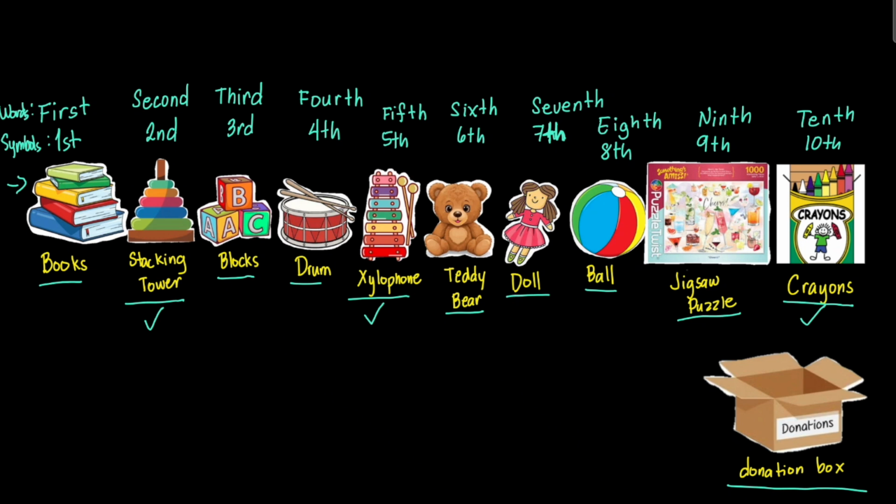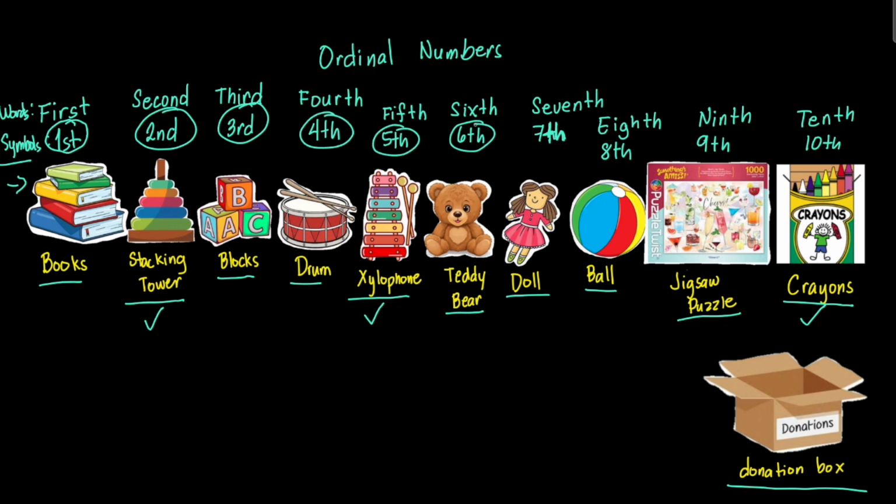Now, let's try to go back to the set of ordinal numbers. So, take a look at the ordinal numbers in symbols. First, second, third, fourth, fifth, sixth, seventh, eighth, ninth, and 10th.